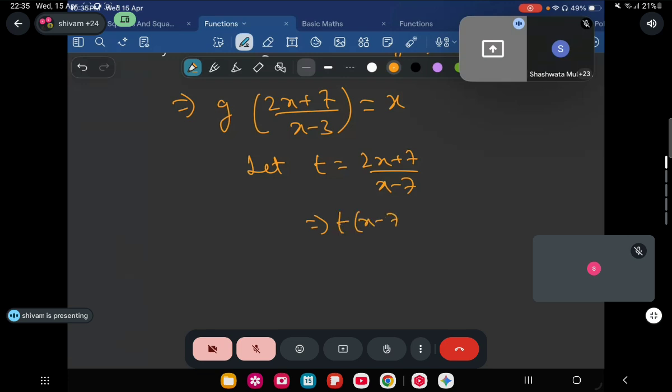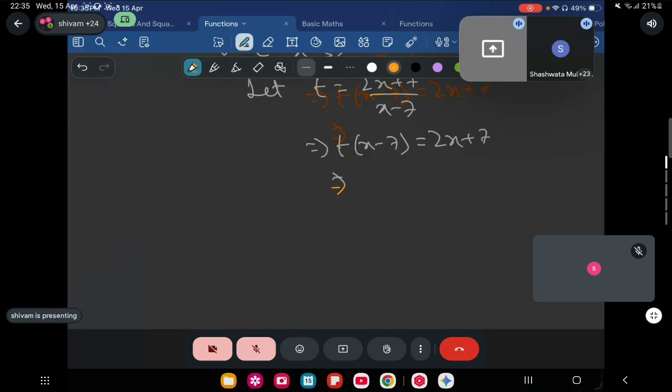So from here, what are we getting? t into x plus 3 is equal to 2x minus 7, right, Shashwato? Yes, sir.